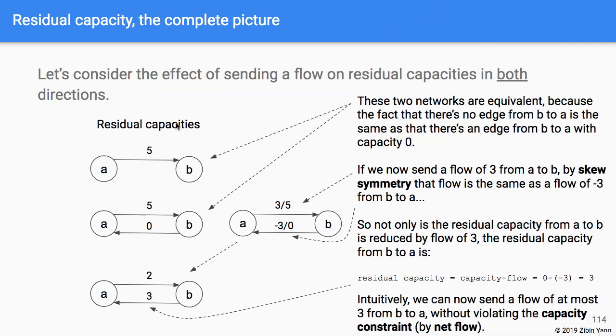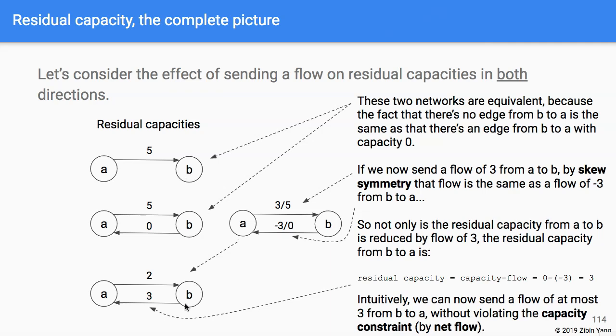So let me say this again, maybe slightly differently if that helps: by sending a flow of 3 from A to B, we now can send a flow of at most 3 from B to A. And if we do that, then the net flow from B to A is still 0. And that is allowed by the original graph, right?